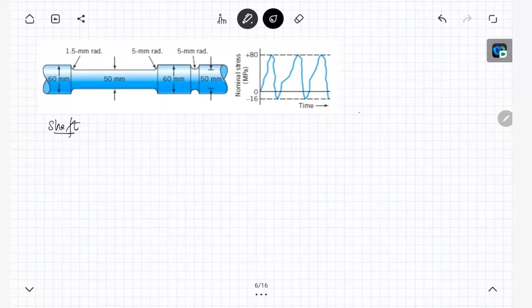So we focus on it, which has fluctuating stresses, nominal stresses.